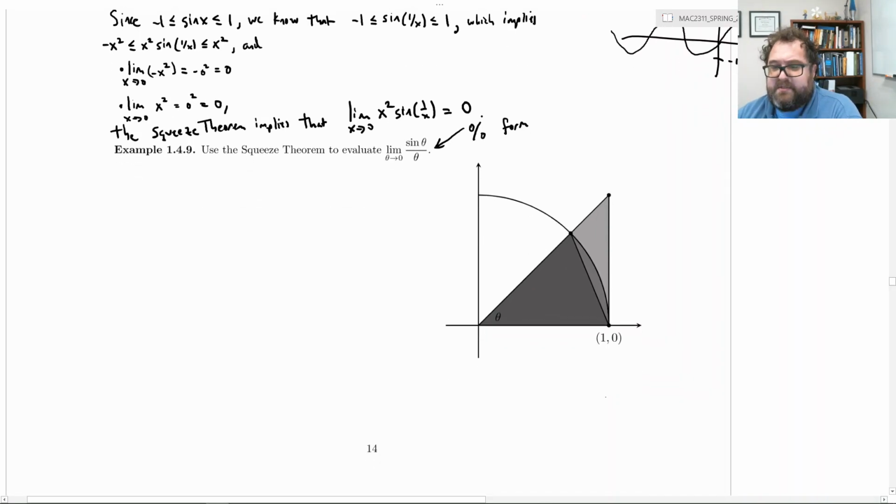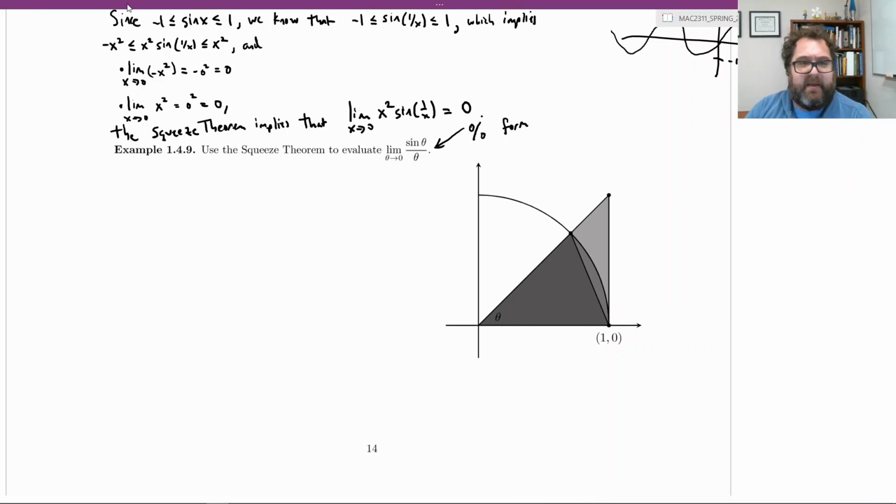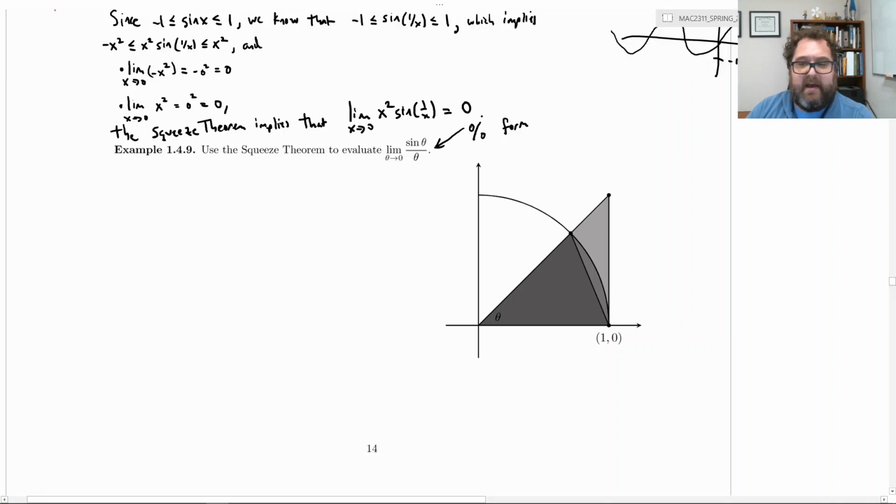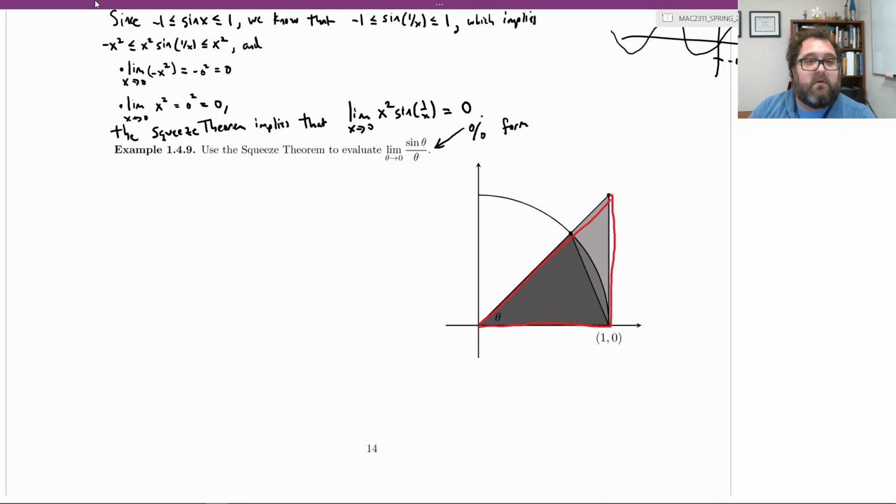There is a kind of like a big triangle. Here, maybe I'll outline these in different colors. So there's the big triangle. Let's see if I can maybe do that in red. Big triangle. Then we have a smaller triangle.